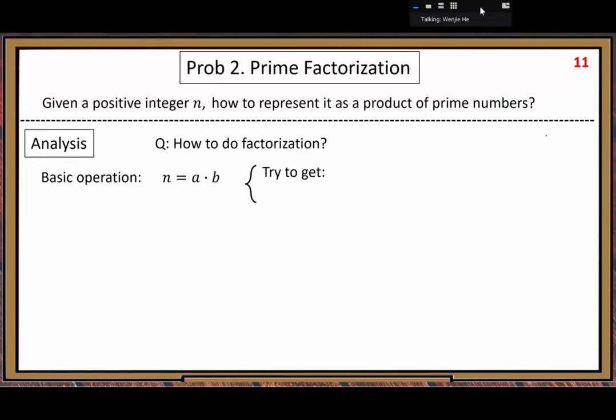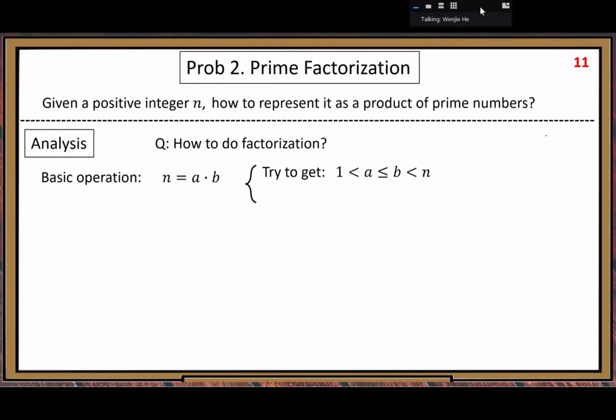So we try to get a factorization A and B, two positive integers between 1 and n, strictly greater than 1 and strictly less than n.